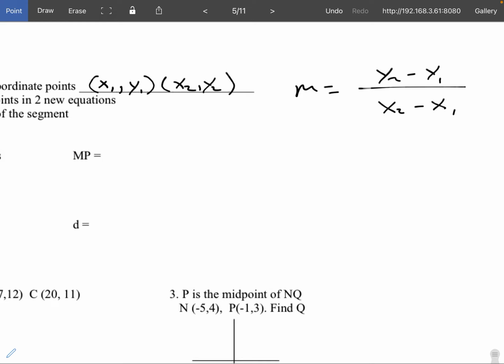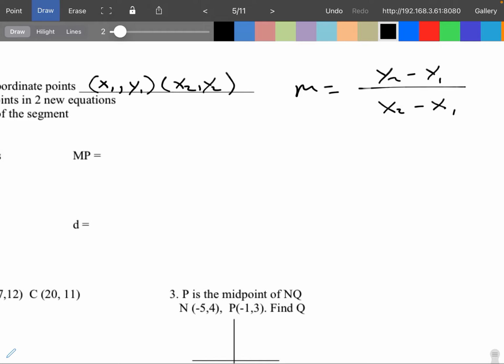So we're still going to use these 2 points to create our formula for the midpoint. The formula for the midpoint, I already showed you guys up on the board. We're just going to average the x values and average the y values, right? So all you got to do is add the x's and divide by 2, and then add the y's and divide by 2.